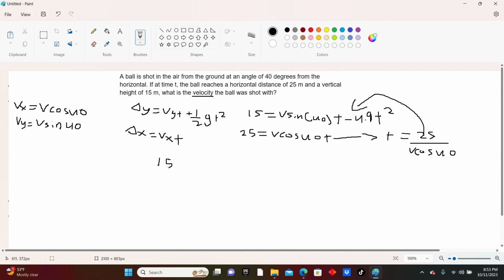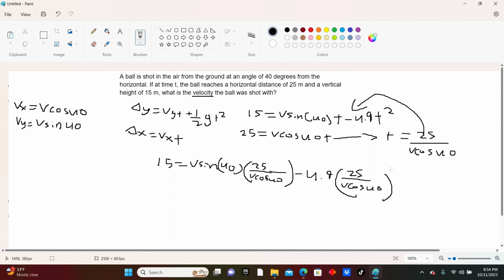So 15 is equal to v sine 40 times the time, which is 25 over v cosine 40, right here, and then minus 4.9 times 25 over v cosine 40, squared.